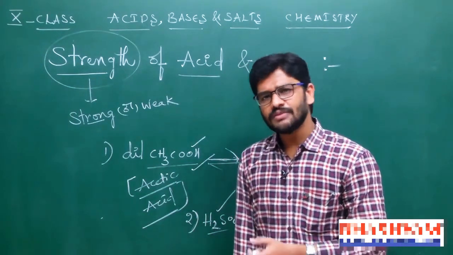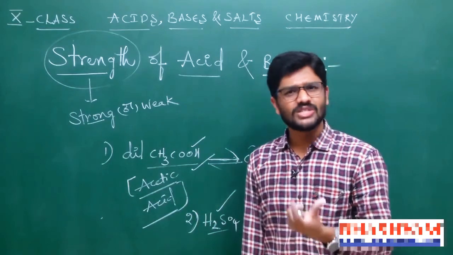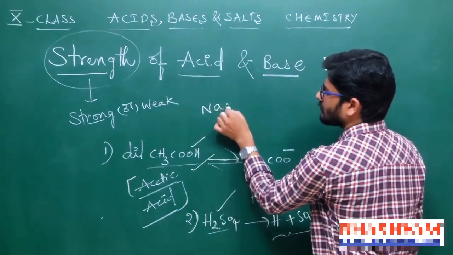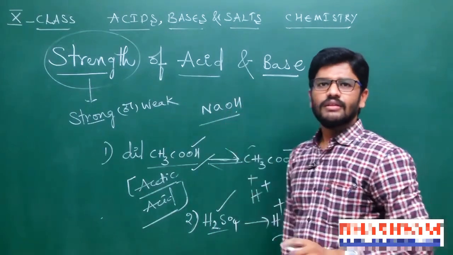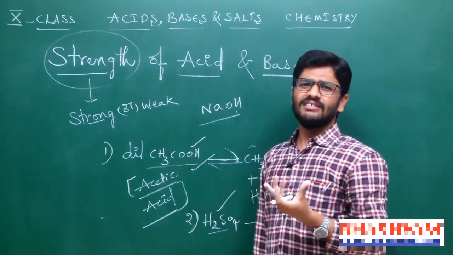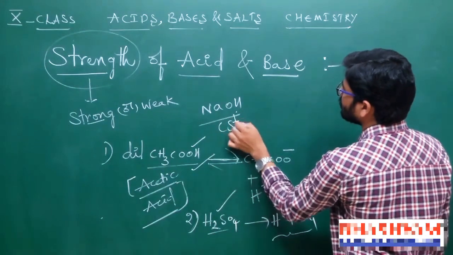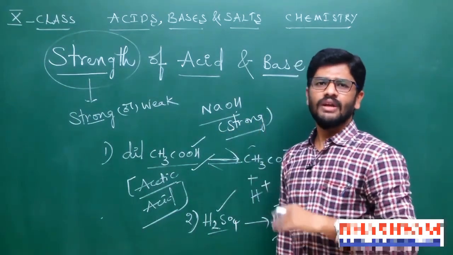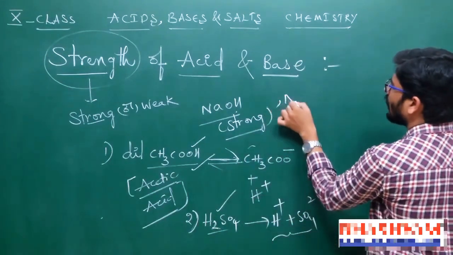Similarly, the concept is applicable to bases also. Suppose I consider NaOH solution. The bulb will glow more shiny. It's nothing but a strong base. Now I consider a solution of ammonium hydroxide.